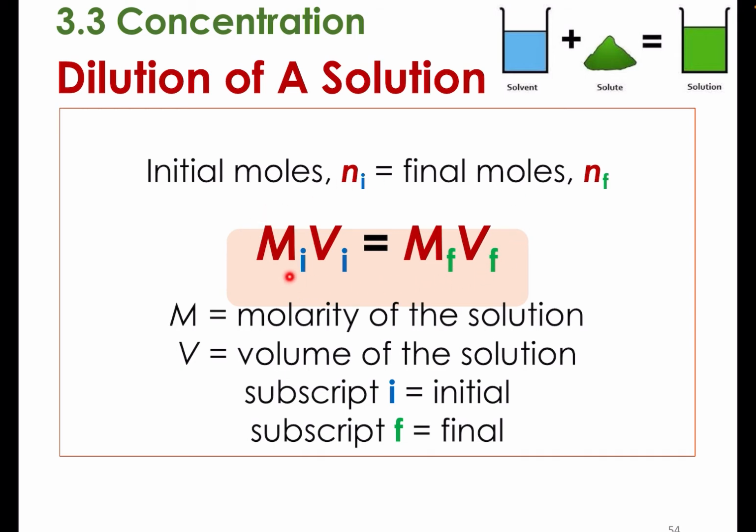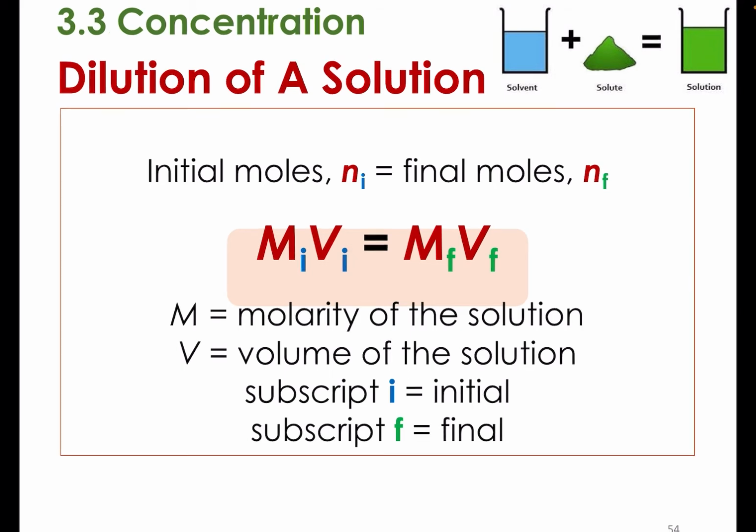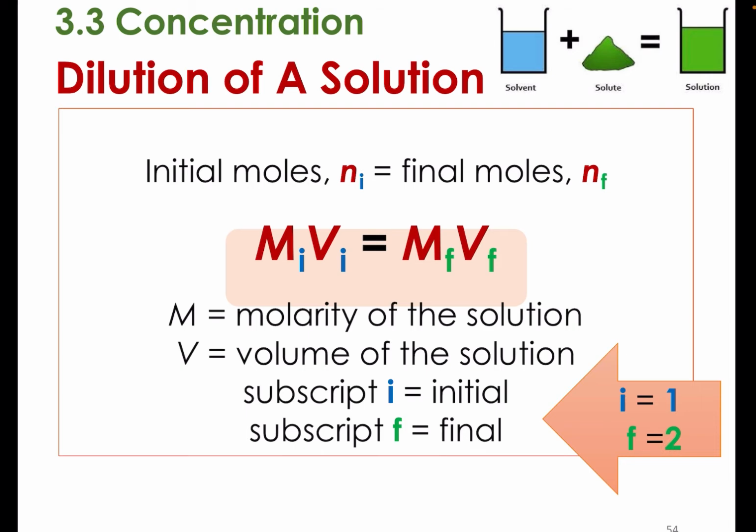It's just the same. So M here is referring to the molarity of the solution, either initial or final, and V here is referring to volume of solution, either final or initial. And as I mentioned before, be alert with the use of 1 equals I or F equals 2. So 1 or I is referring to before dilution, F or 2 after the dilution.